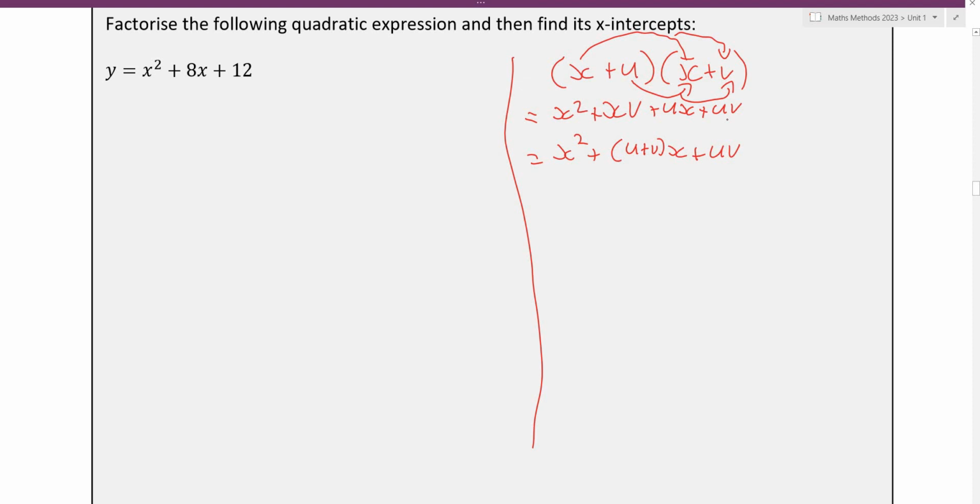Yep. So if these two look similar, and I know this bottom line is equal to the top line, I can factorize this to (x plus u)(x plus v), and we're going to find out what u and v are.